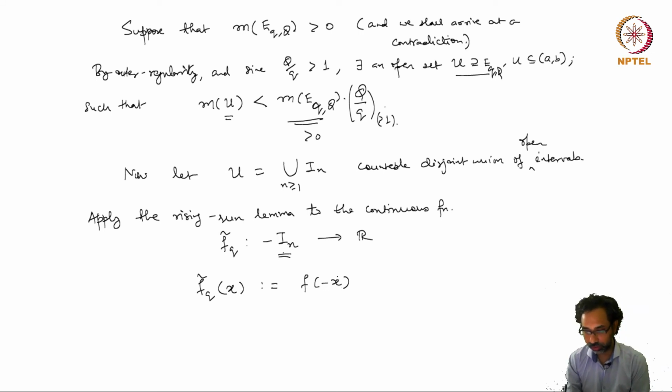So when you take minus x, you'll end up in I_n, and I_n is a subset of AB. So you can apply f plus q times x.